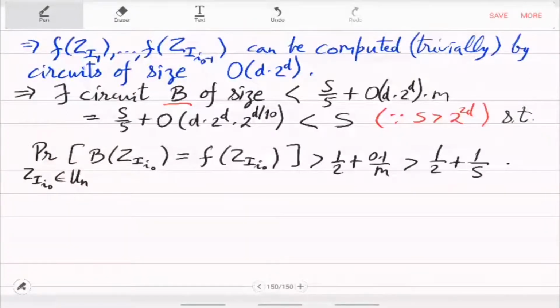M is around 2 raised to D by 10, s is more than 2 raised to 2D. So, the advantage is more than 1 over s. So, it seems that f is being evaluated by B pretty well, okay, and that is a contradiction, because we had assumed that f is average case hard. So, this contradicts.